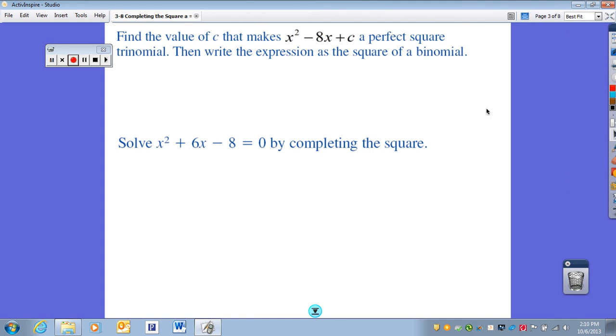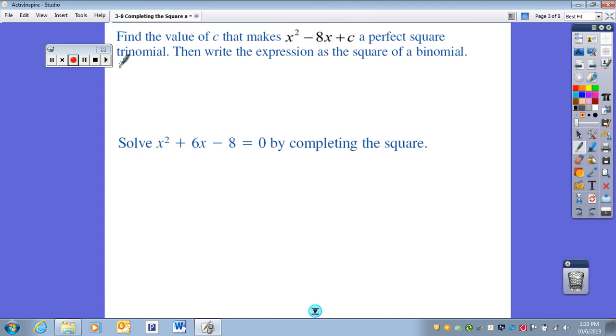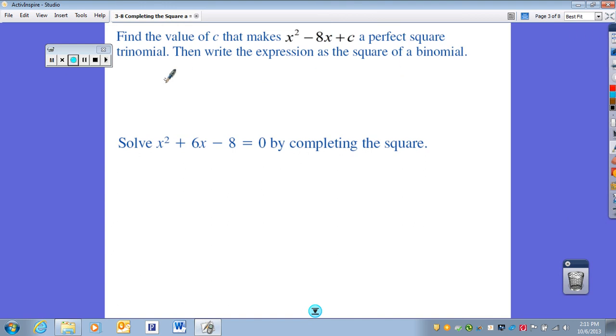So the first thing we want to do is to remind ourselves how to find a perfect square trinomial. So we have an example of x squared minus 8x plus something. What number would make that a perfect square? Here's what we do. We take the b, the negative 8, we divide it by 2, which would be negative 4, and then we square it.